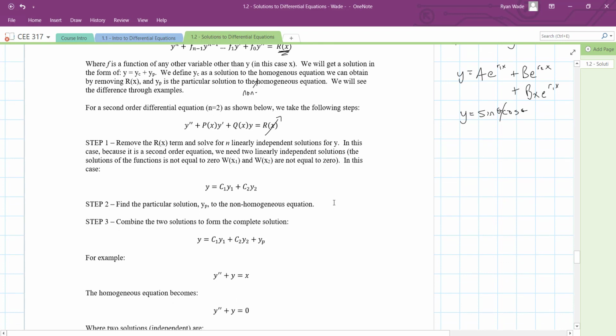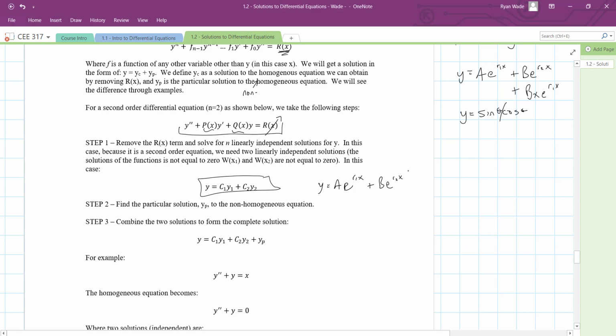So if we take this example and remove the r(x) term, then because it's now a homogeneous second order differential equation, we know the solution comes in a form of this. If p(x) and q(x) are constants, we could say that it's in this form, like we talked about yesterday.